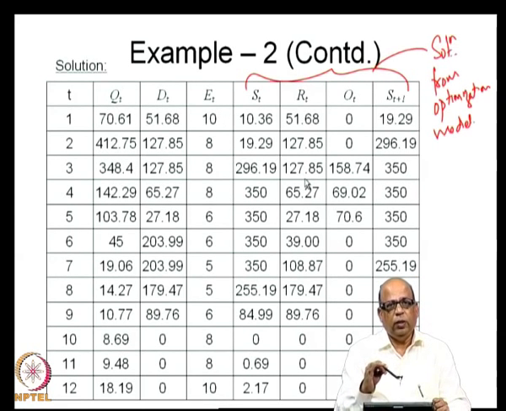So, the policy is indicated in general as the end of the period storage that needs to be maintained for each of the time periods, and you provide it in terms of a rule curve. That means the rule curve shows that you maintain this kind of reservoir storages at the end of given time periods.